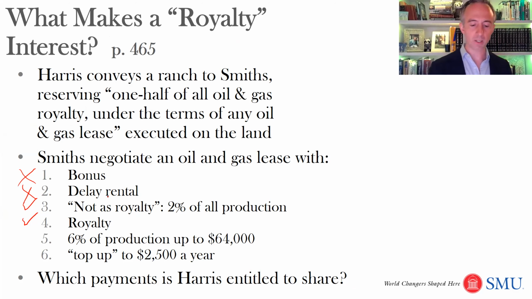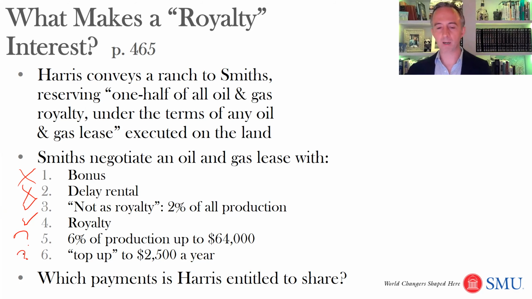Okay, what about these last two? Let's say that those are the hardest, right? A top up of some payment and the 6% of production up to $64,000. I would say that the Texas courts seem to be suggesting that if it's a sum certain, like $64,000, it is going to be counted as basically a bonus, not a royalty, and so therefore would not have to be shared with Harris.